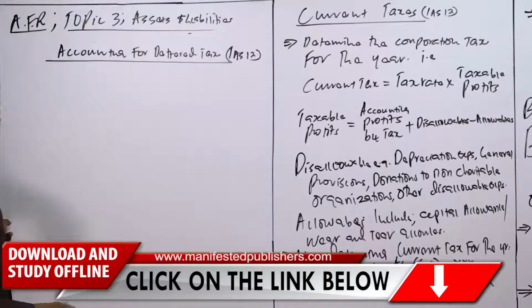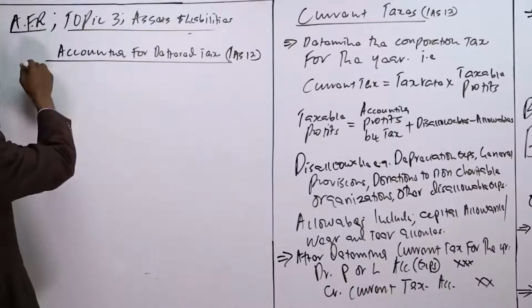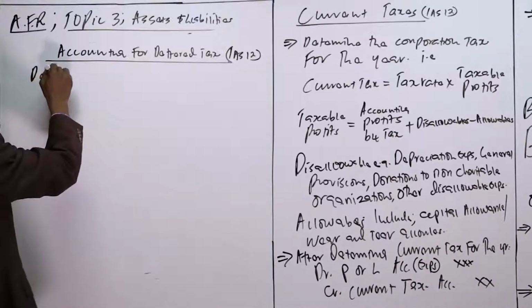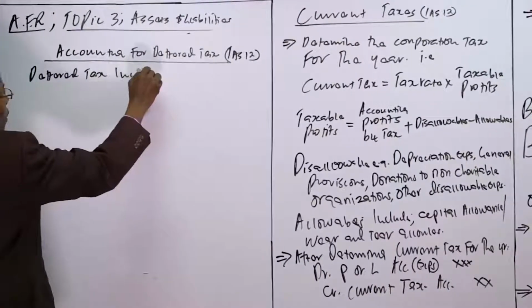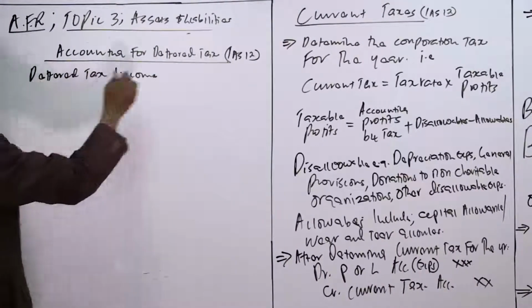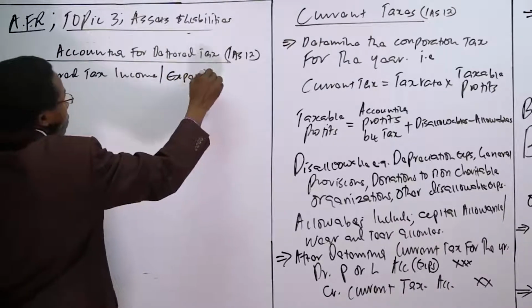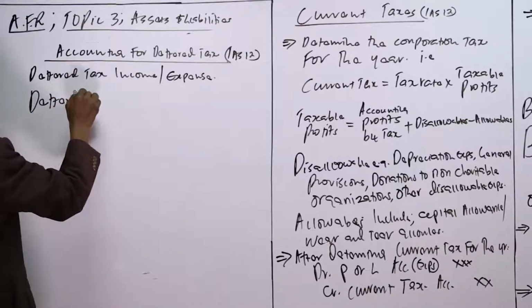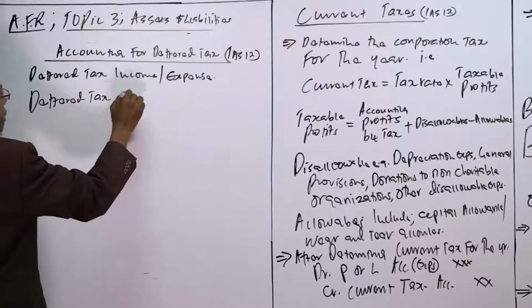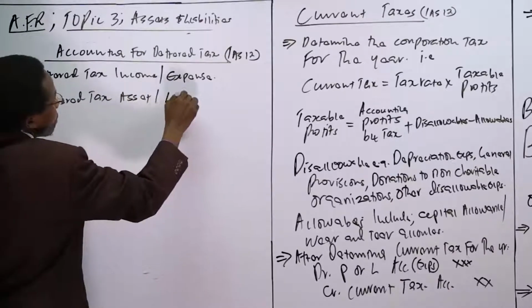This deferred tax may either be a deferred tax income or a deferred tax expense. We also have the deferred tax asset, and we have the deferred tax liability.